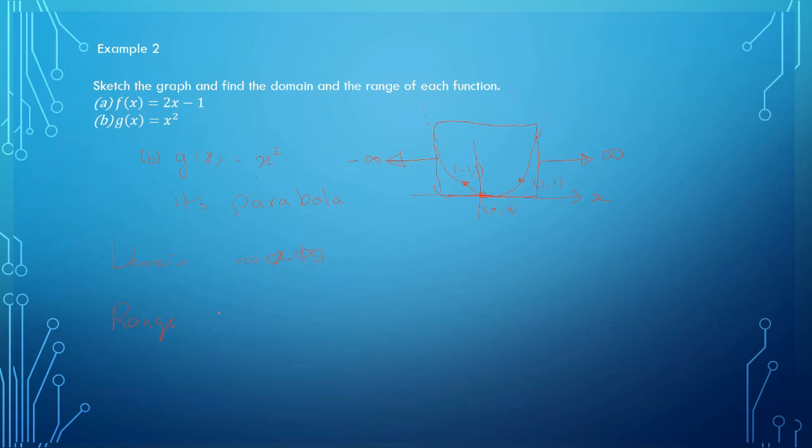What about the range? We look first at the y-axis and see that it starts from 0. Okay, so y is between 0 and we can see it's growing up like this and like this, taking values up to infinity.